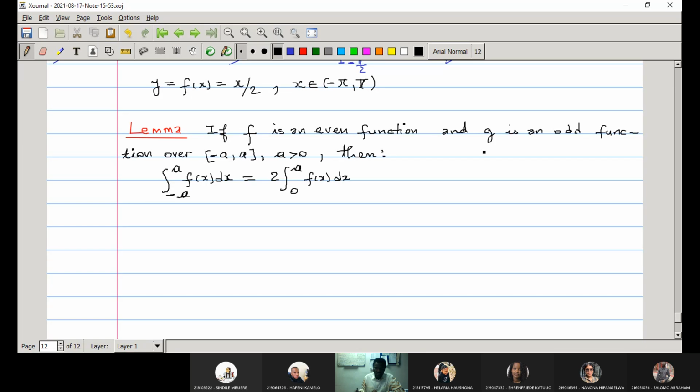But if we say g is an odd function, then for the odd function, the integral from negative a to a of g of x dx is 0.